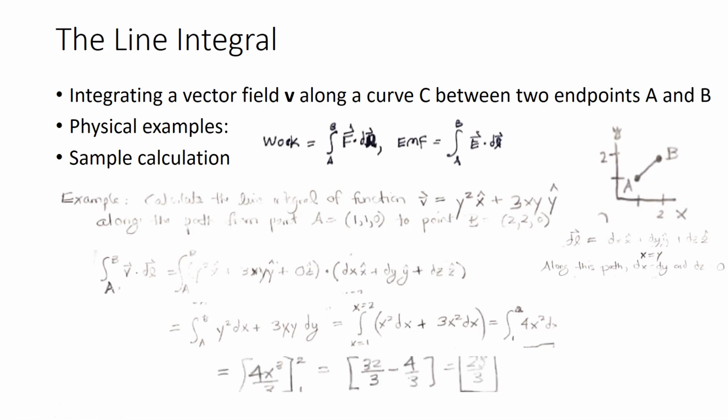That evaluates to 4x cubed over 3, integrated from 1 to 2. You know how to do this, plugging in 2 and 1, 32 thirds minus 4 thirds, or 28 thirds.